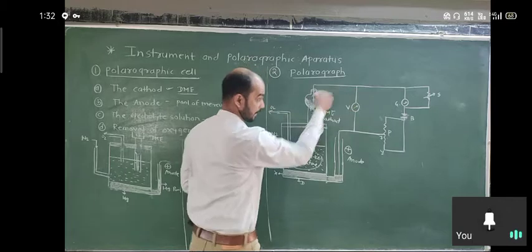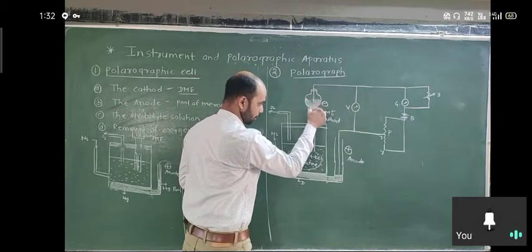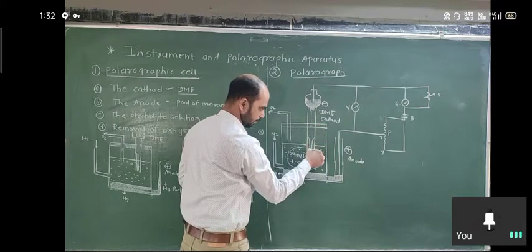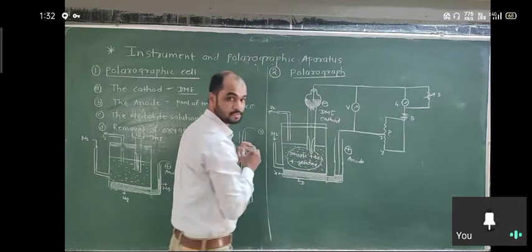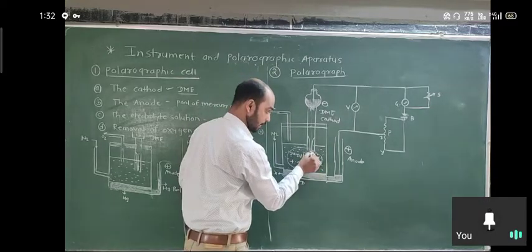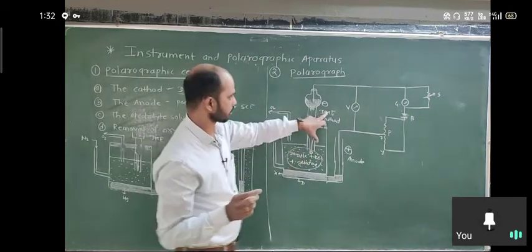When the potential is applied, from this mercury the droplets come out here. The droplets have a uniform size and uniform surface area. The mercury contains a negative charge, because here is the negative electrode.